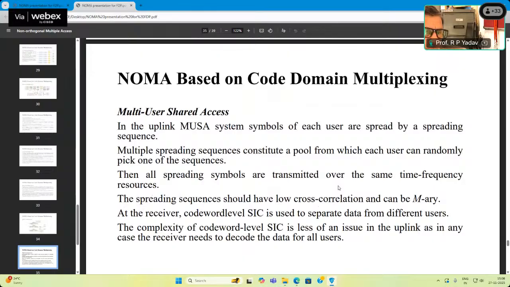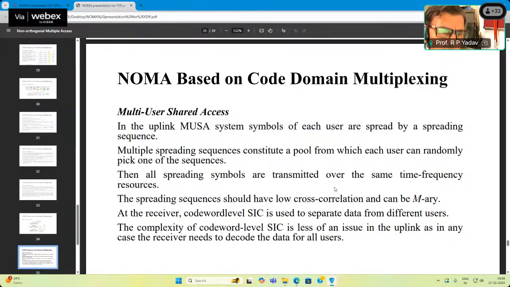In the uplink of this code division system, the symbols of each user are spread by a spreading sequence. Multiple spreading sequences constitute a pool from which each user can randomly pick one of the sequences. Then all spread symbols are transmitted over the same time-frequency resources. The spreading sequence should have low cross correlation and can be M-ary.